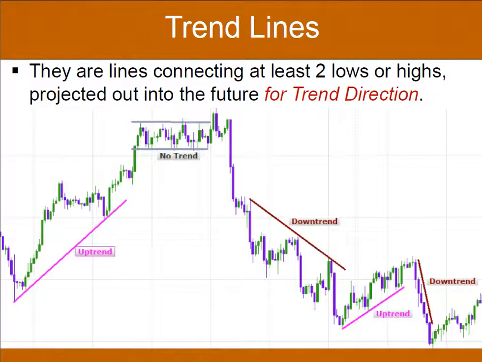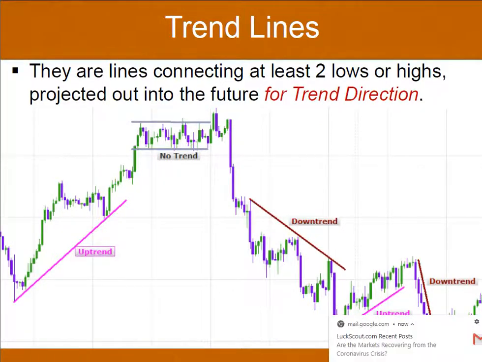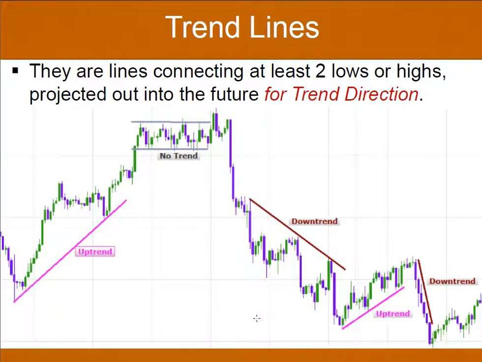The most important thing you need to know is you need to have at least two swing lows to draw an uptrend line, and at least two swing highs to create a downtrend line. And the line is drawn projecting to the future so that you are able to take a potential trade.